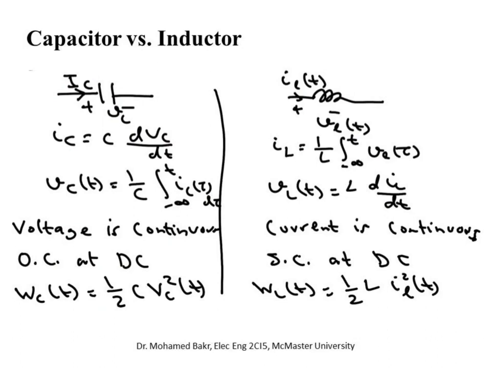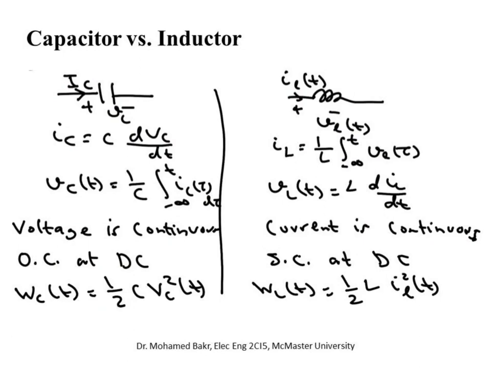As I explained again, the same notation will apply. The inductor current is positive if the current is flowing from the positive terminal to the negative terminal, so we assume certain polarity. The current will be negative if it's flowing in the opposite direction. Okay, current here has to be continuous. Current cannot be discontinuous in an inductor. So the current cannot change suddenly from 1 to -1.